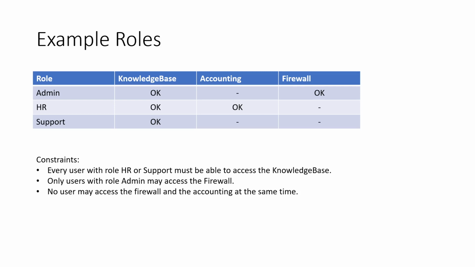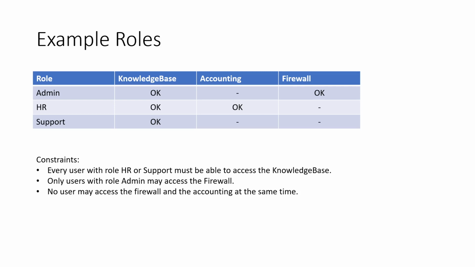Usually you don't want to give everyone in the company access to everything. So you define these kinds of roles which group many people. The admins might be 2 or 3 different people, but they all have the role admin, and this means they are allowed to access the knowledge base, and they're allowed to access the firewall, and we don't give them access to the accounting.